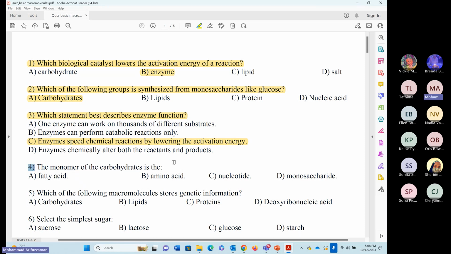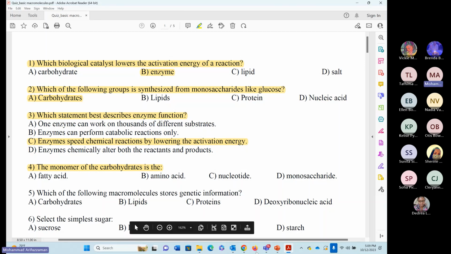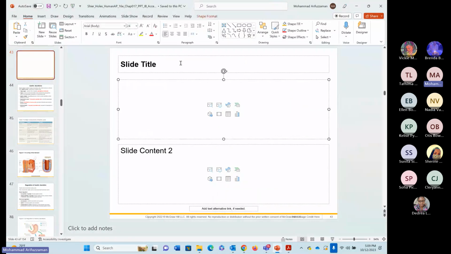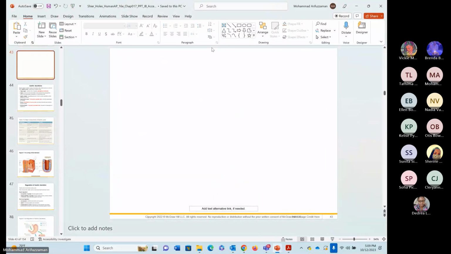The monomer of carbohydrate is, what is a monomer? I discussed monomer yesterday. What is a monomer and what is a polymer? Any of you can answer? Is monomer a simple subunit?